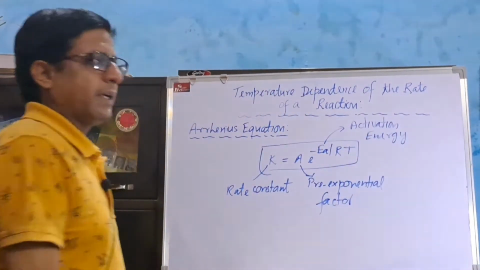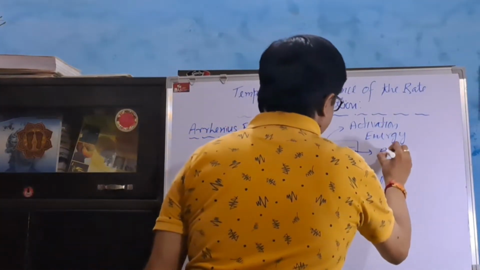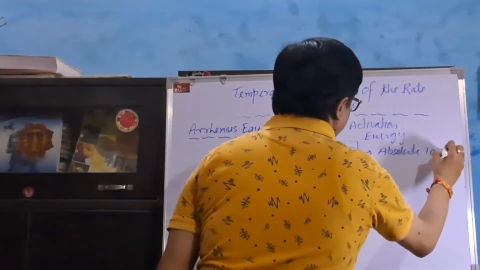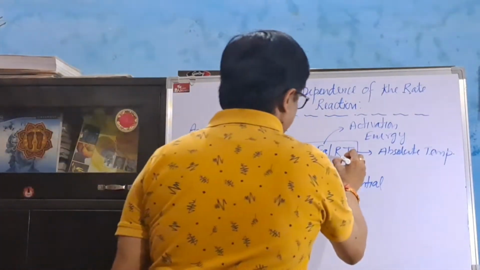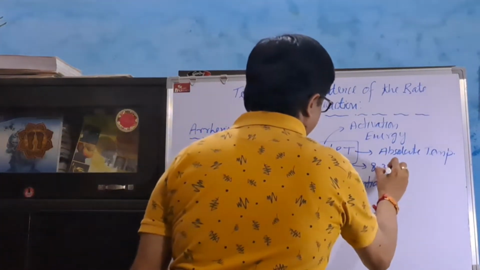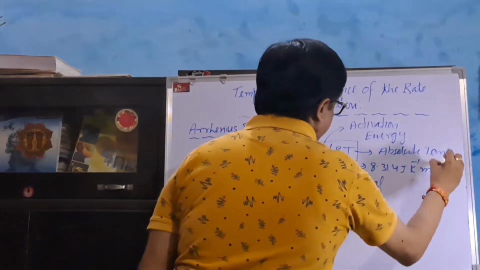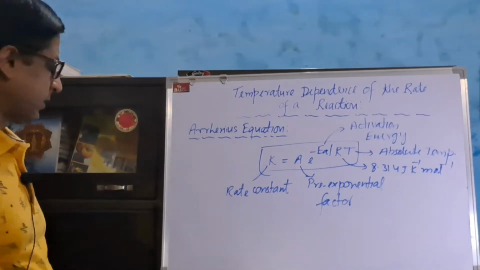T is absolute temperature of reaction mixture. R is a constant. Its value is 8.314 joule per Kelvin per mole. This equation is known as Arrhenius equation.